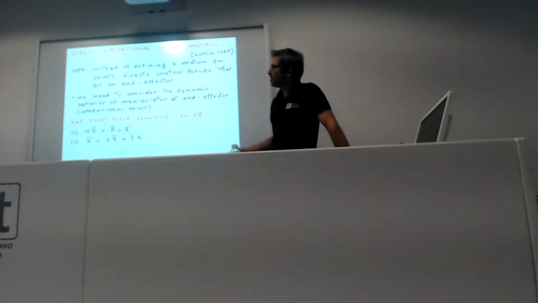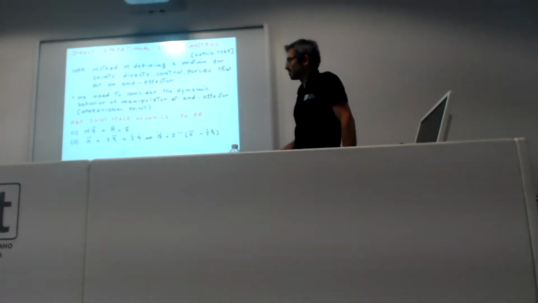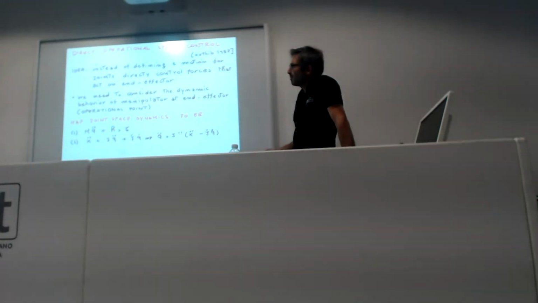We consider the relationship between the end effector acceleration and the joint acceleration, and then we work out the joint acceleration and replace this into the joint dynamics. Okay, and we get this result.